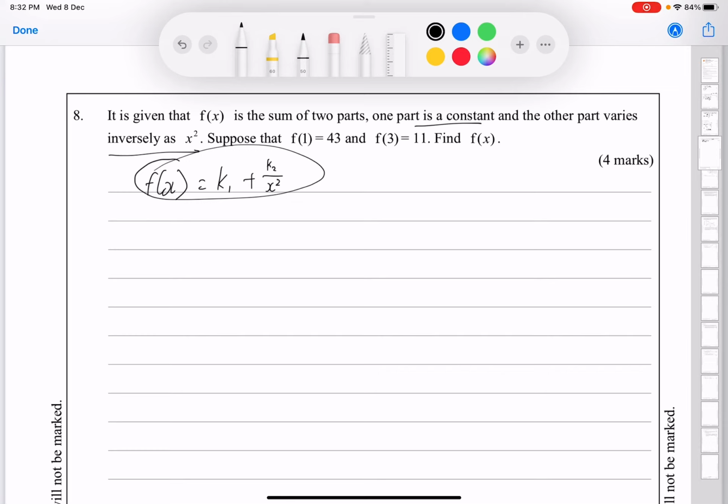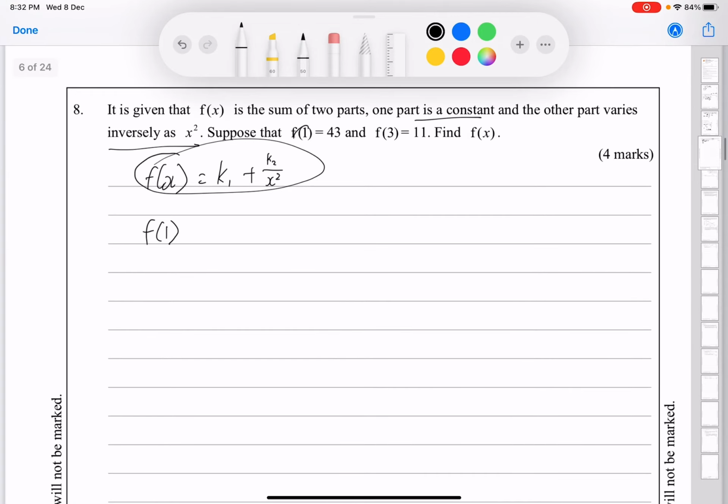And then we can substitute 1 and 3 into the formula. k1 plus k2 over 1 squared equals 43. You get the first equation here.